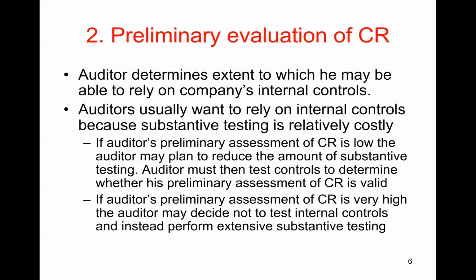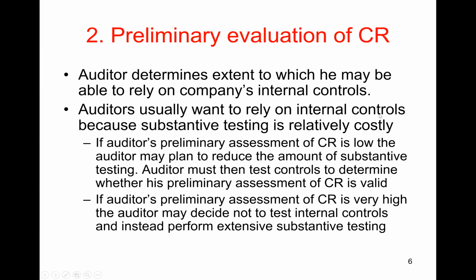So performing tests of internal controls is helpful for reducing the cost of the audit if the controls are strong, because that means that the auditor can reduce the amount of substantive testing that needs to be performed. If the auditor doesn't test any internal controls, then the auditor is going to have to rely only on substantive testing, which is relatively costly.